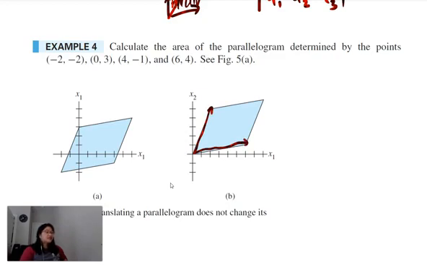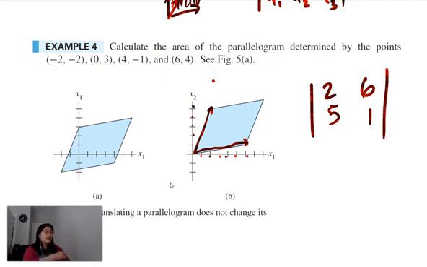We're looking at the matrix, what is this, 2, 5, and 6, 1, I think.